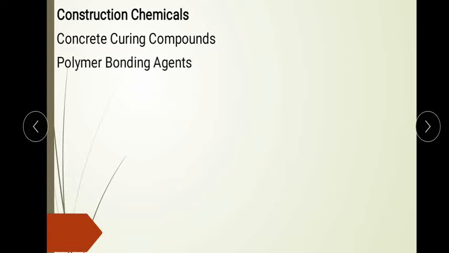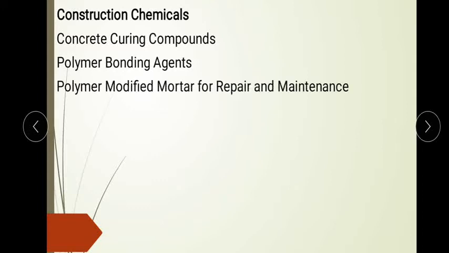And one more thing is the coloring admixtures. Besides these admixtures, we have a few construction chemicals that are also used as admixtures. That is concrete curing compounds, one of the chemicals available in our market. Polymer bonding agents, polymer modified mortar for repairing and maintenance.